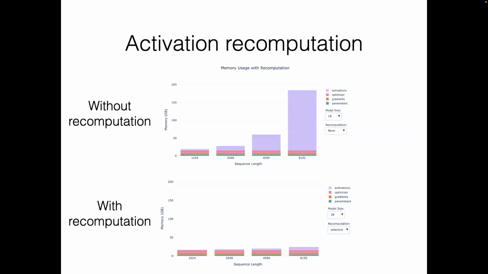And you can see that this can actually make a huge difference. Here's without recomputation, and here's with recomputation. You can see that there are different strategies. When we looked at this diagram, I just picked a couple of layers to checkpoint, but you can have different strategies, and different strategies will have different compute requirements.